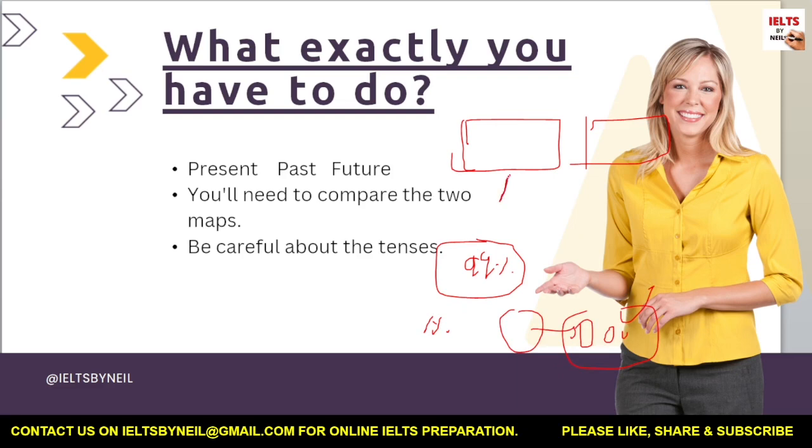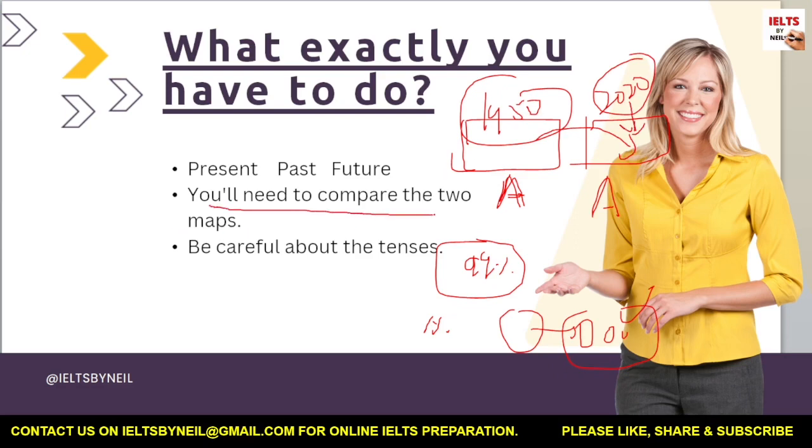For example, city A, here also city A, they will give you certain times, like 1950 here, and 2020 here. It means how this city A used to look in 1950 and how this city A has changed in 2020. So what we have to do is compare the two maps. We have to talk about the changes that have taken place or that will take place.